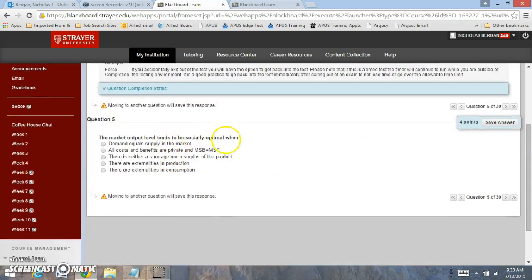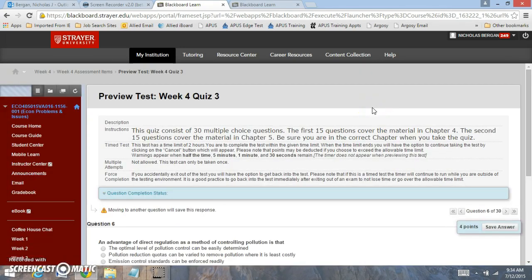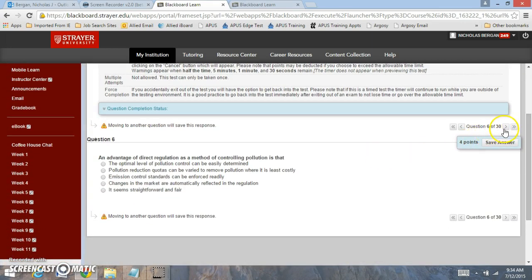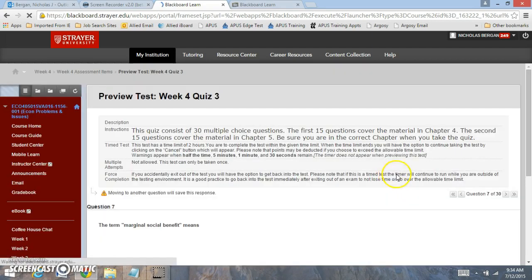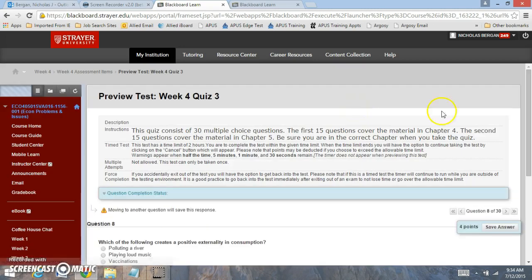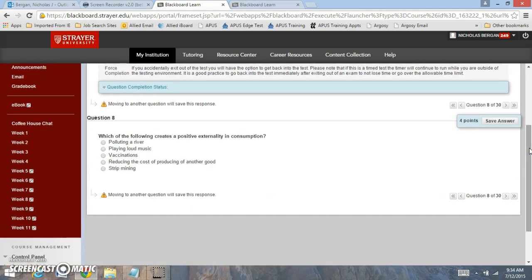The market output level tends to be socially optimal, and we try to find socially optimal where MSB equals MSC. Marginal social benefit means the society's benefit from an extra unit of production. Positive externality, make sure to look at things that help society. So education, healthcare.